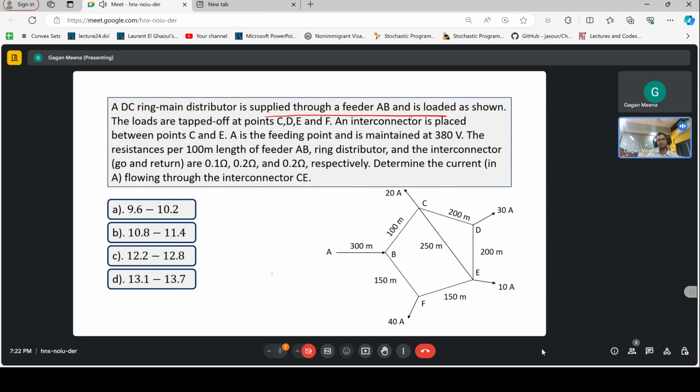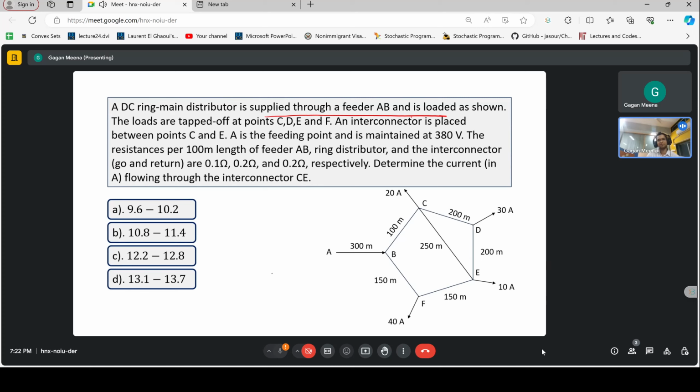We have to find out the current flowing through the interconnector. See this current. So what will be the total current? This is I. Loads are being tapped: 20, 30, 10, 40.